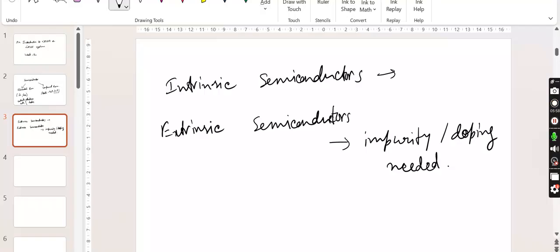So when you need to do doping, we need to select the dopant material very carefully. It can be an acceptor or a donor. When it is a donor, it is an N-type semiconductor.